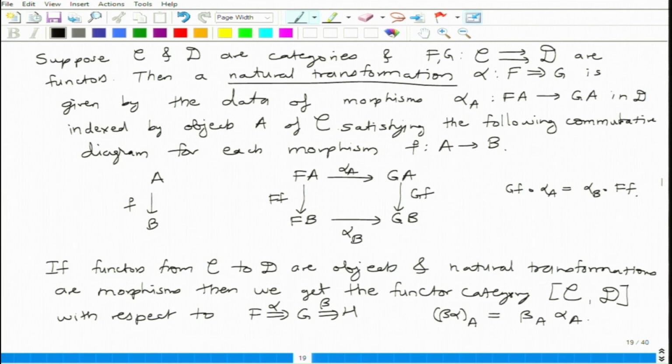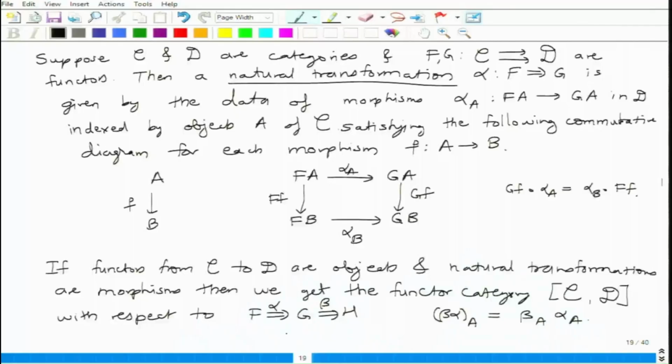It's just a map. We don't have to specify the domain. And what will be the identity of this? F to F. We'll call it 1 sub F. What will be this particular natural transformation's A component? 1 sub FA.